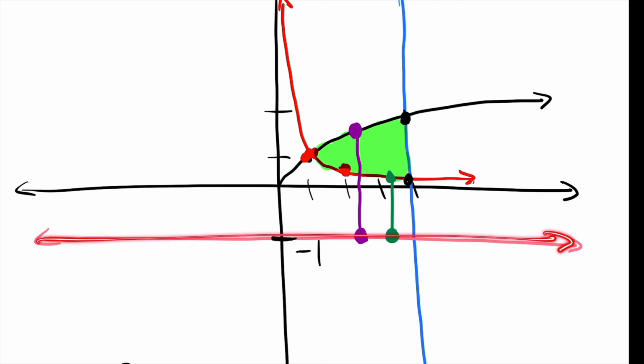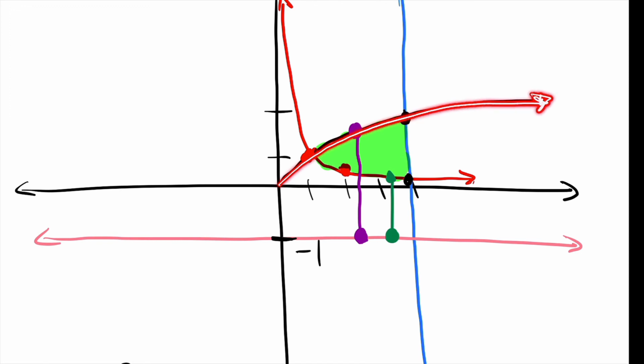The axis of revolution is y equals -1. So you can see this guy right here is going to be top minus bottom for big R, and this guy right here is top minus bottom for little r.